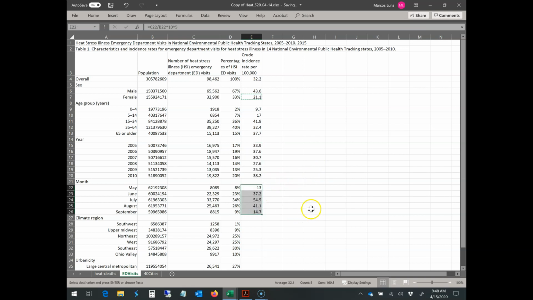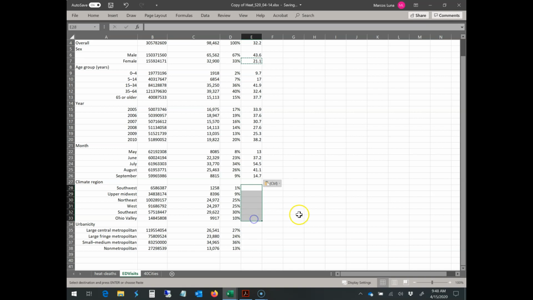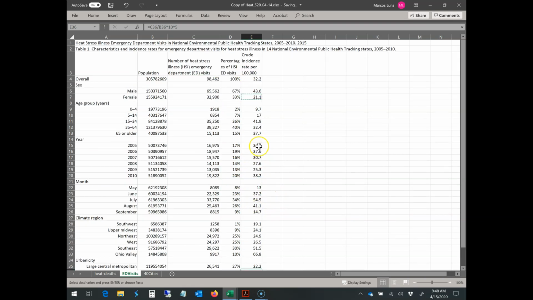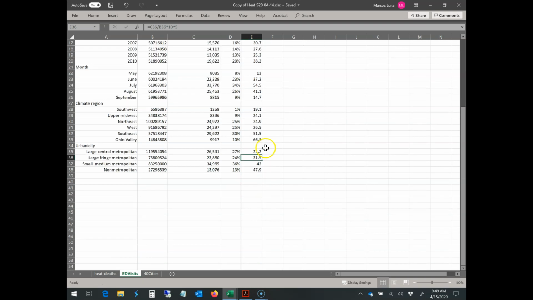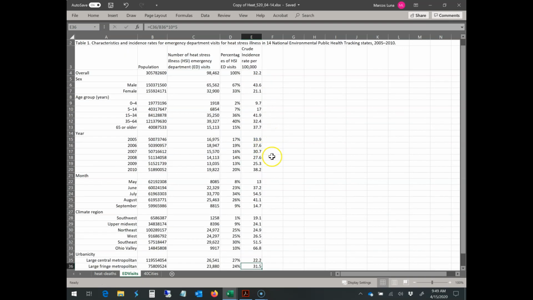Because the nice thing about these numbers is, since they're all relative to a population of 100,000, we can look at these numbers individually and amongst the groups, and we can say which of these has a higher risk. And those things are directly comparable. So we can see that males clearly have a higher incidence rate than females.